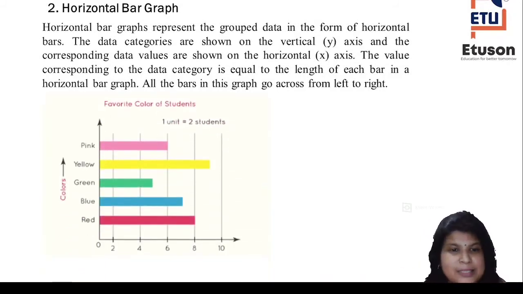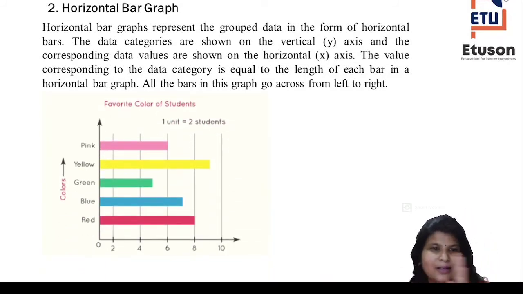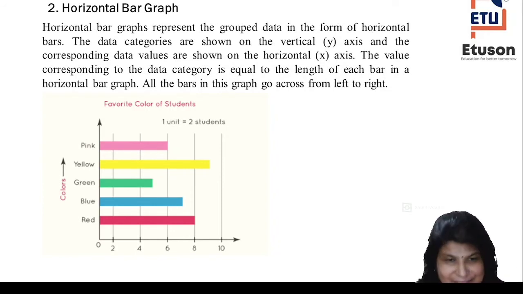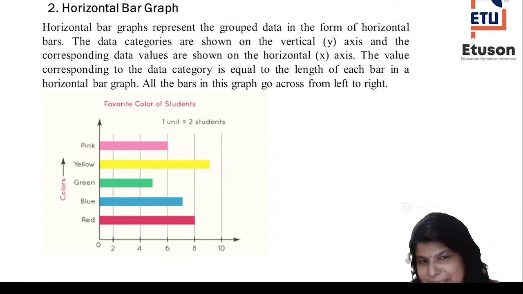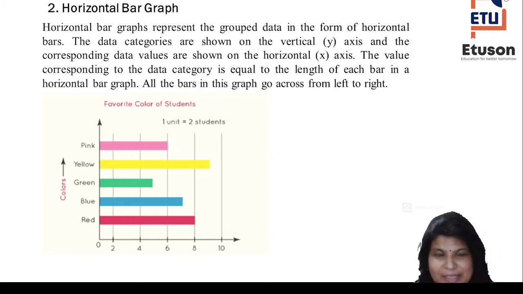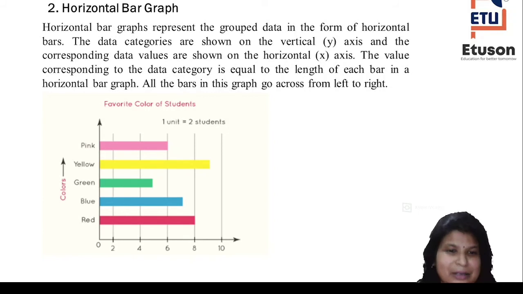So the same example I have taken and plotted horizontally. Now clearly you can see in this diagram that one unit is equal to how much? 2 students. Now here the colors are varying. How many colors are there now? Pink, yellow, green, blue, red. Right? So here also I have taken the favorite color of the students.